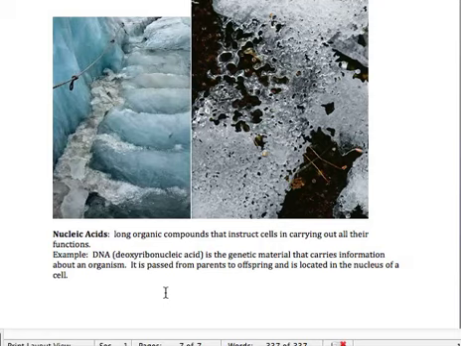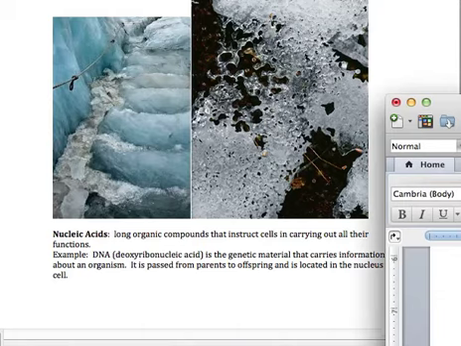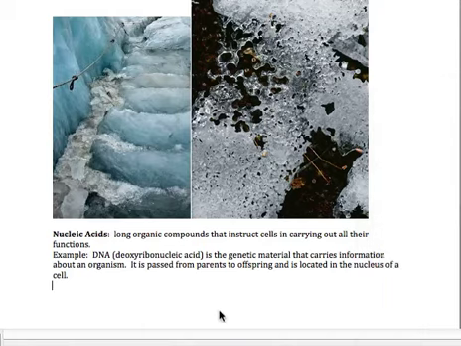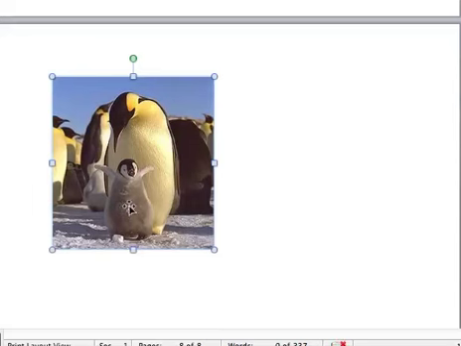That DNA is passed from parents to offspring, and it's located in the nucleus of a cell. So in the middle of a cell, in that nucleus, that's where the DNA is. Now I have a little picture of a baby penguin and his mommy penguin looking over him.